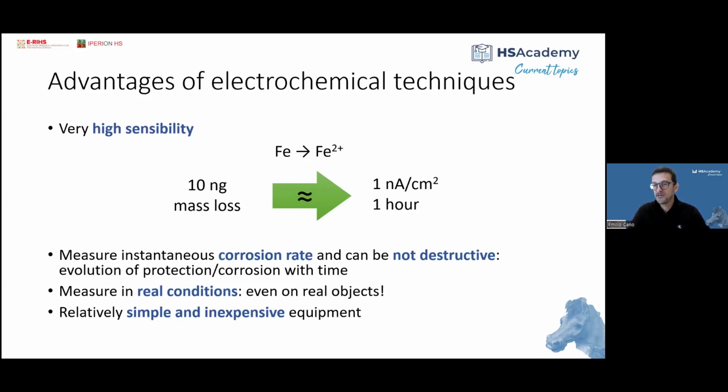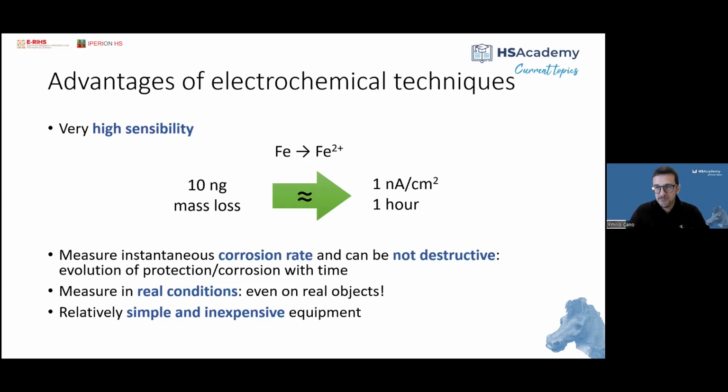This current, which seems very small, is, however, very easily measured with any current electrochemical equipment. Actually, a few orders of magnitude less current can be very easily measured.